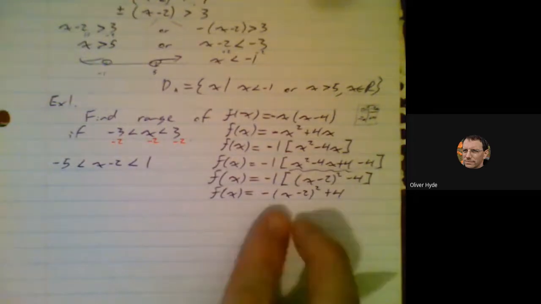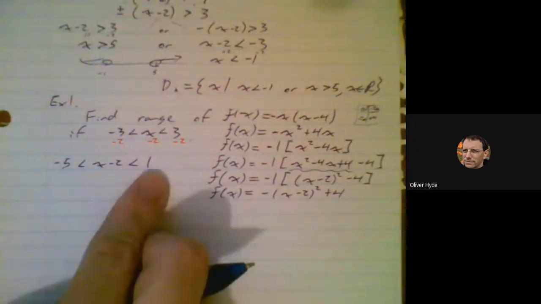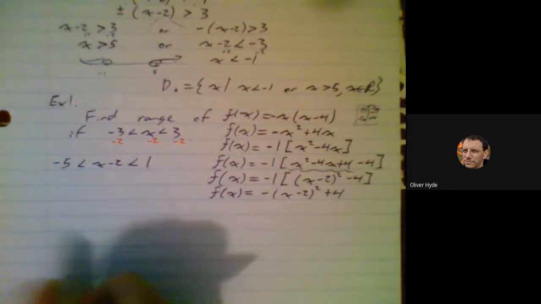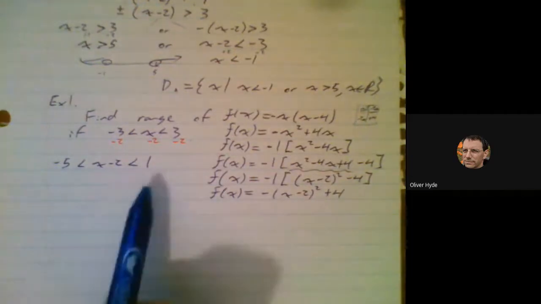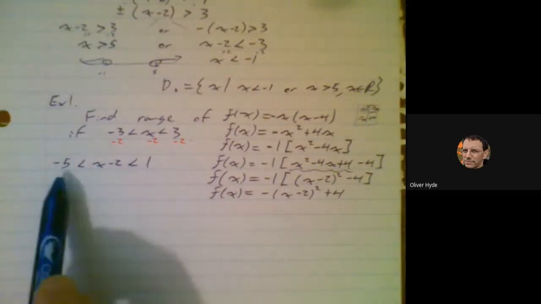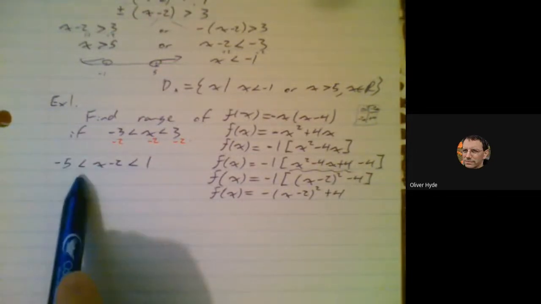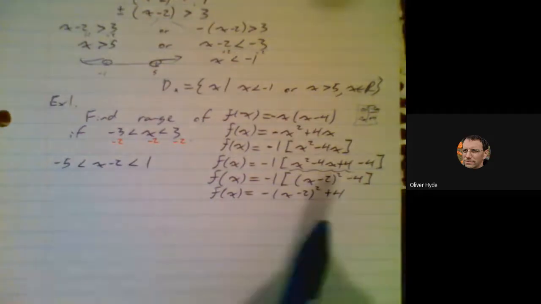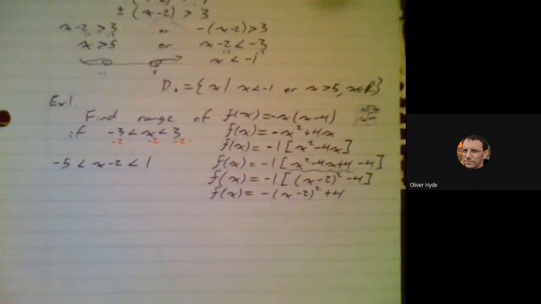Now I'm going to square all sides. And here's the problem. When I solve an inequality, if I multiply by a positive, I don't change the direction of the inequality. If I multiply by a negative, I do change the direction of the inequality. And squaring introduces its own natural restriction.